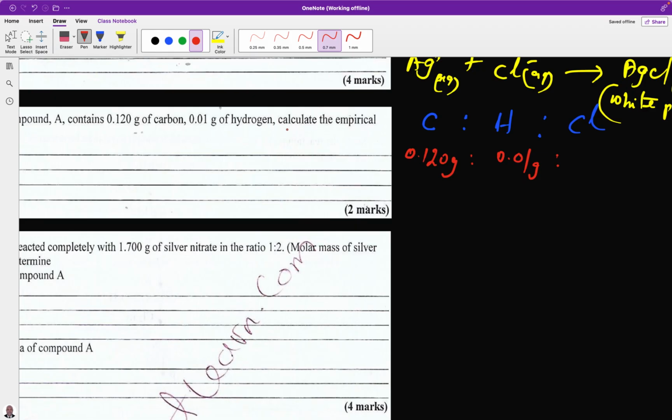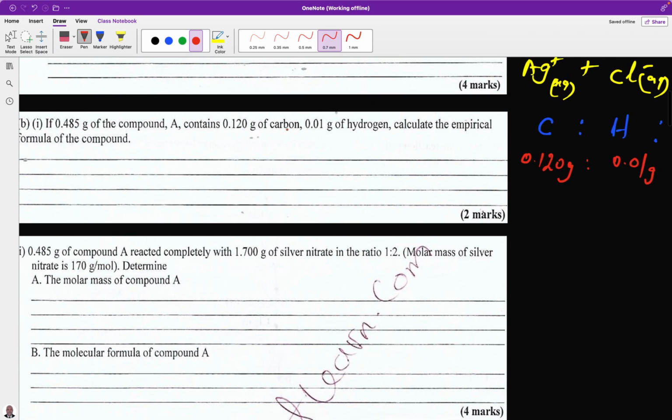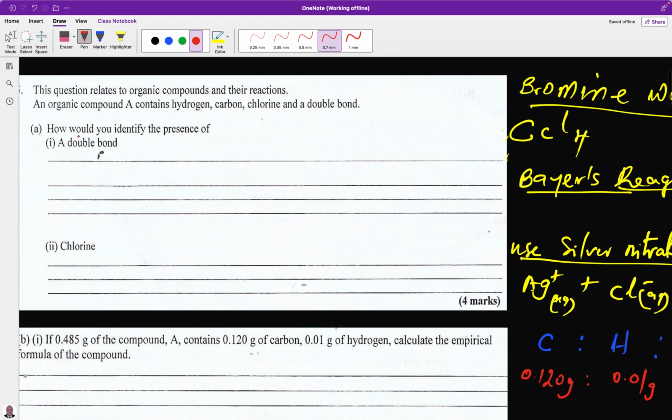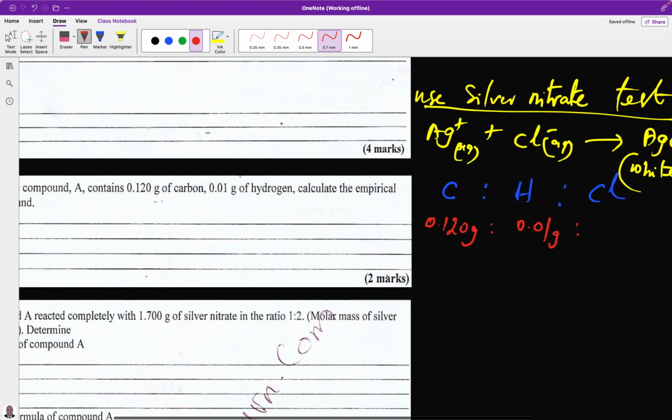But remember, they said 0.485 gram of A contains this and that. If we add all this, it is not up to 0.485. And we were told the organic compound contains hydrogen, carbon, and chlorine. Therefore, the last one is chlorine.